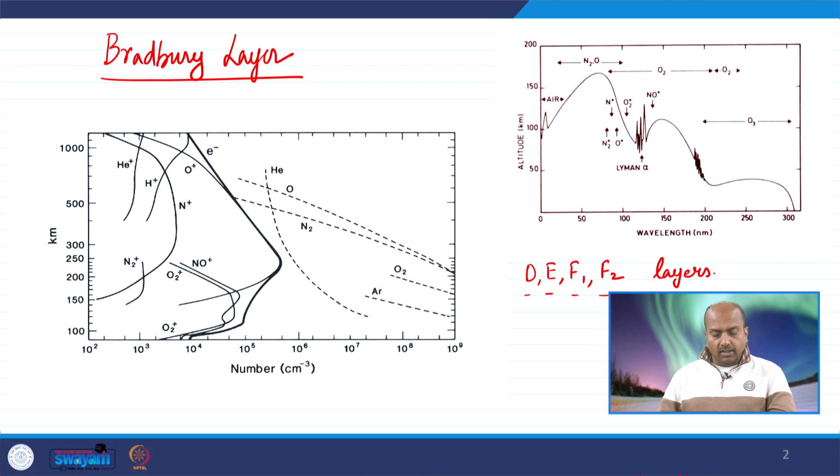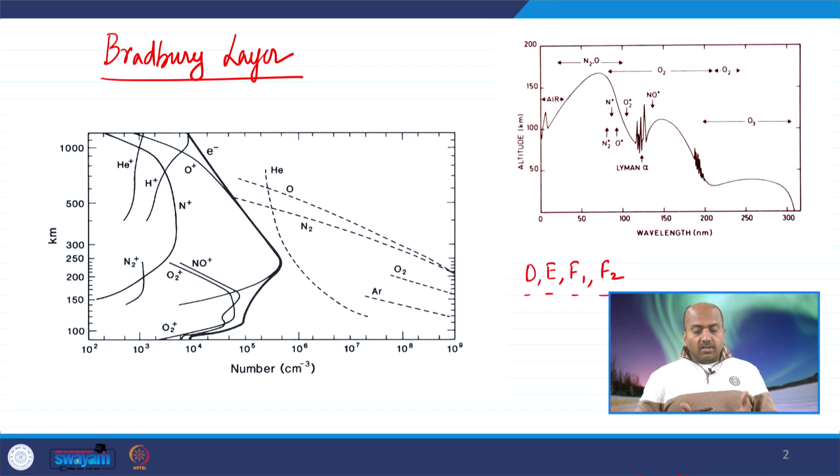We have discussed the detailed photochemistry of each of these layers, and we also know how many layers generally persist during the night time. And there are specific cases when something called an F3 layer also appears. This is not a daily phenomenon. This appears because of various electrodynamical processes in the ionosphere. Generally speaking, the ionosphere is made up of 4 distinct layers, right?